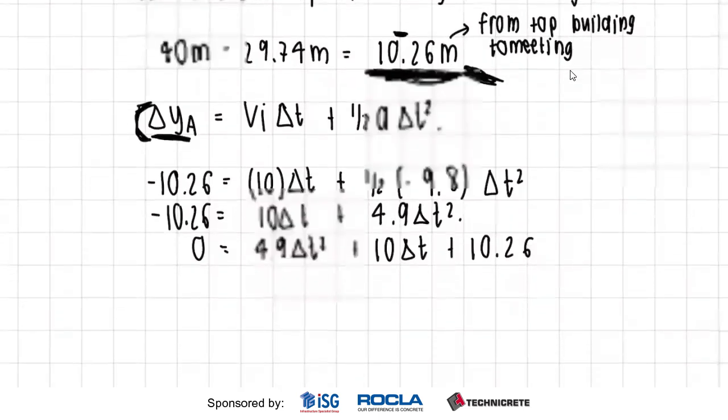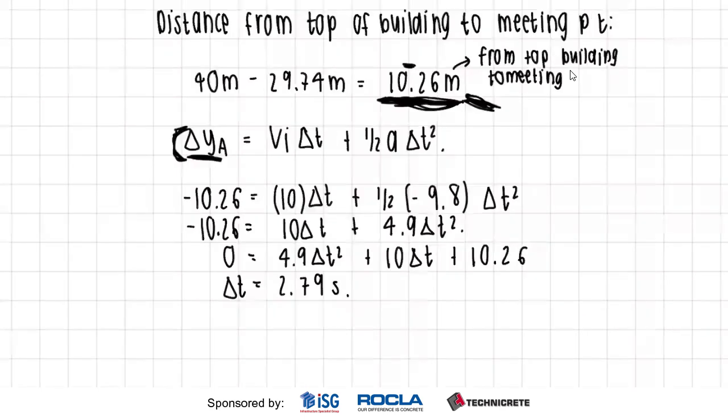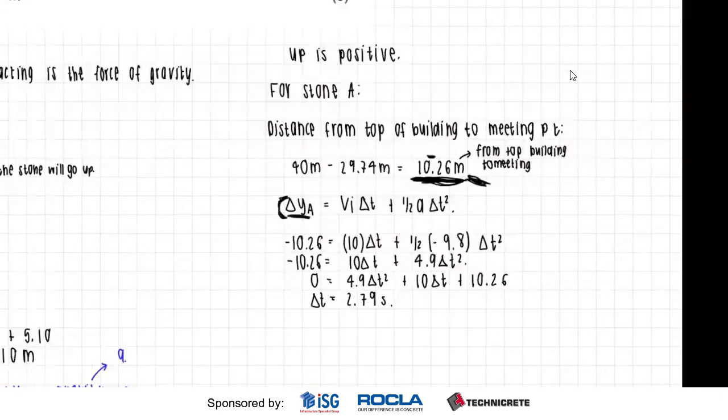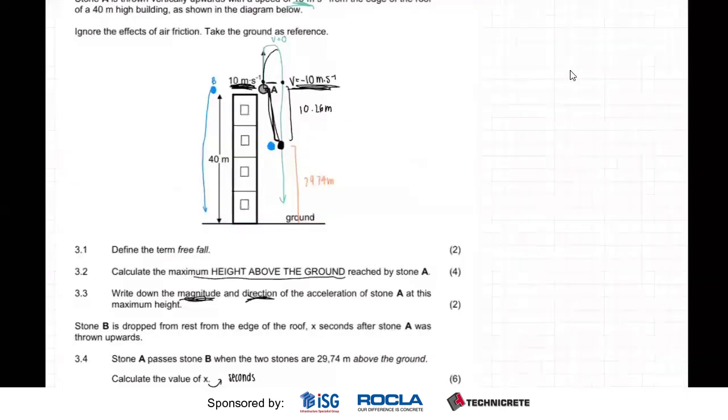Okay. So if we factorize this out, then we get that the change in time is 2.79 seconds. Okay, so that was the time for stone A to go from here all the way down to the meeting point.